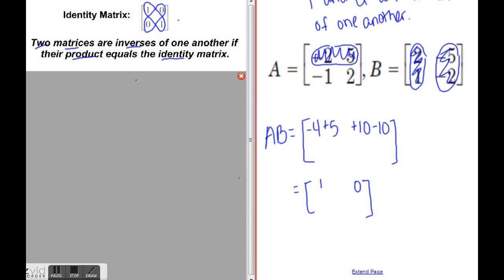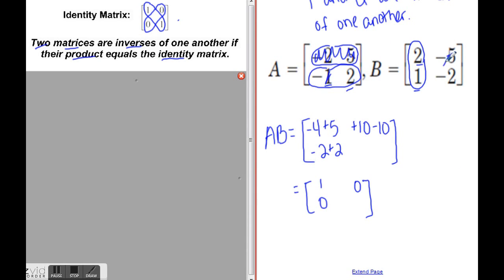Now that we've used the first row of matrix A, we're ready to use the second row of matrix A times the first column of matrix B. Negative 1 times 2 is negative 2, and 2 times 1 is 2. Their sum gives me 0.